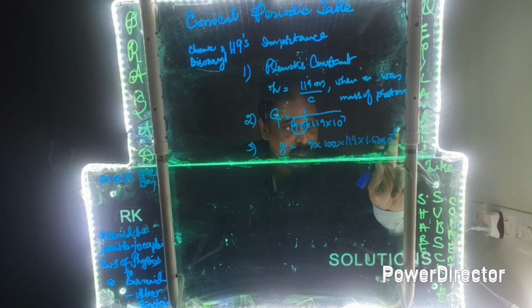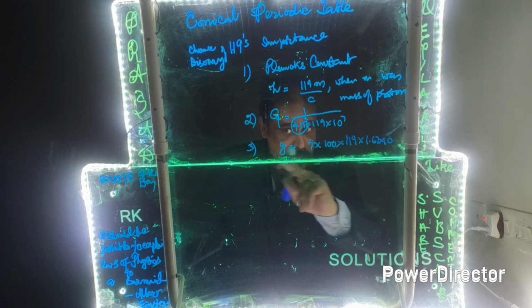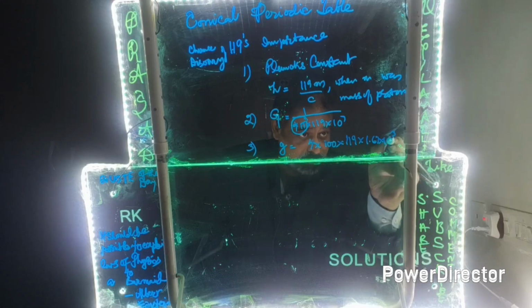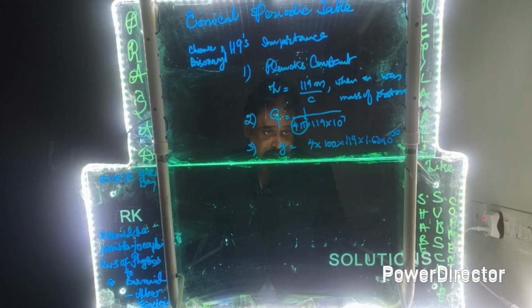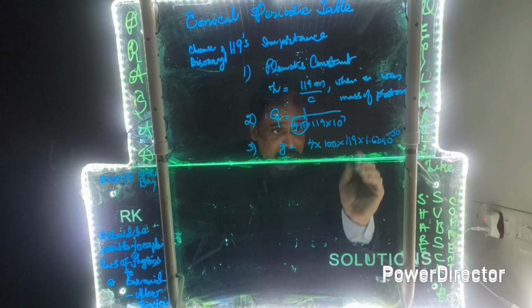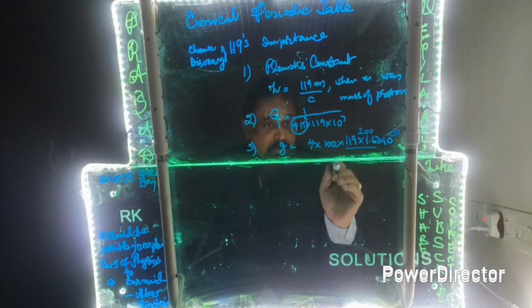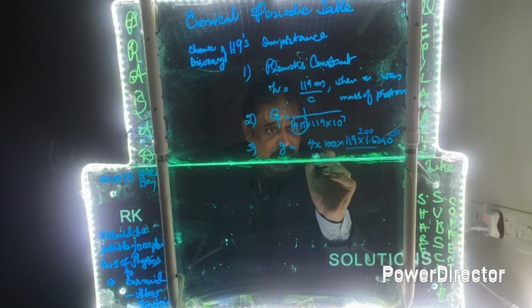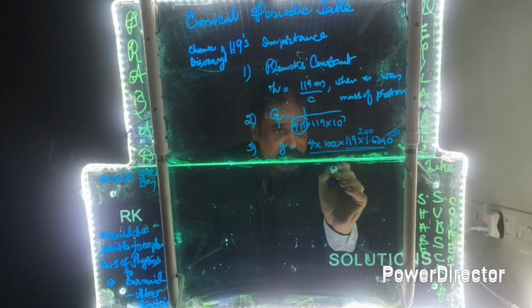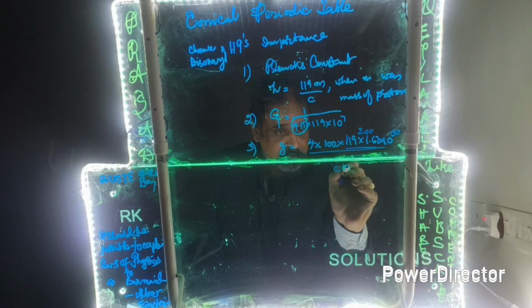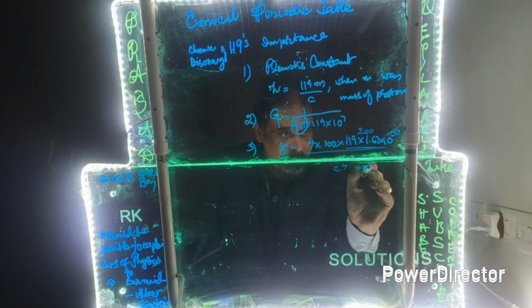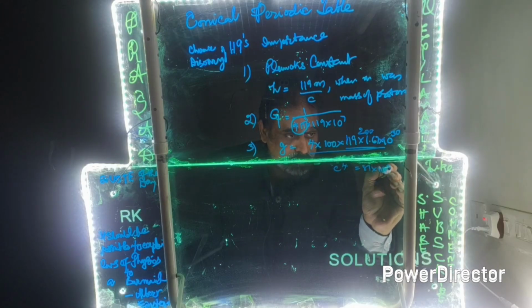Rather, I will not take this one, basically because for this we have to take the sun's mass, right? These two together make 200. This whole thing I divided by c raised to 4, or 81 into 10 raised to 32.